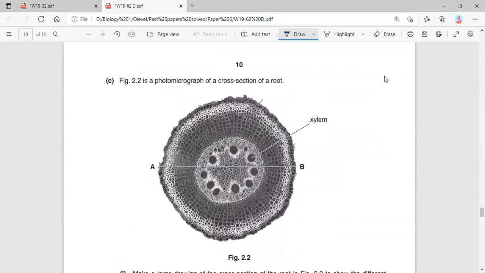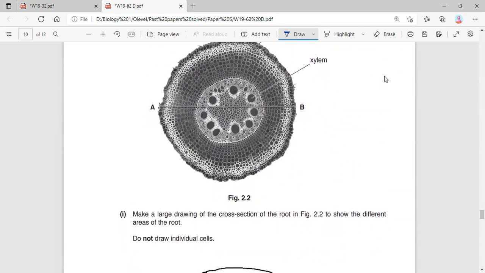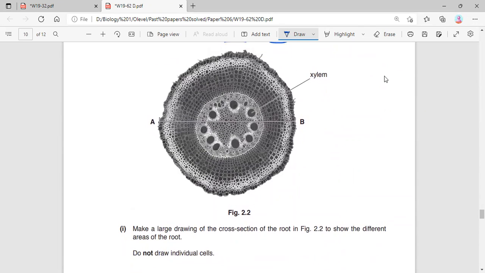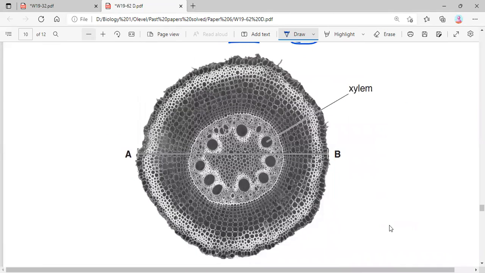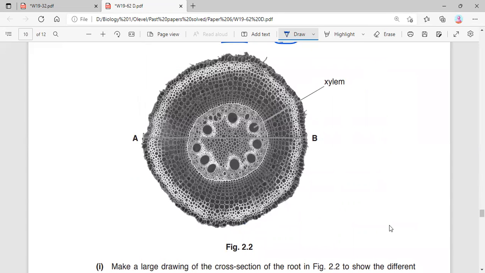Okay. He then gave me a cross section of a root and he asked me to draw a large drawing to show the different areas. Do not draw individual cells. Okay, what do I need to draw here? Here I have 4 different layers. Yes, there is a thin layer.